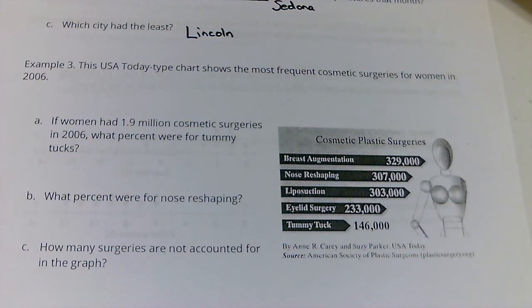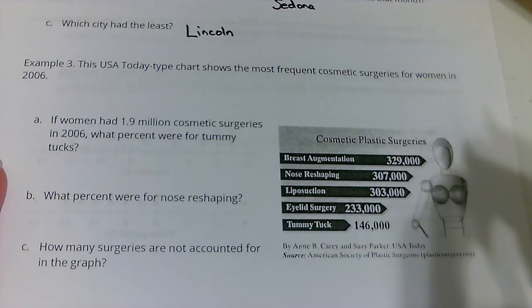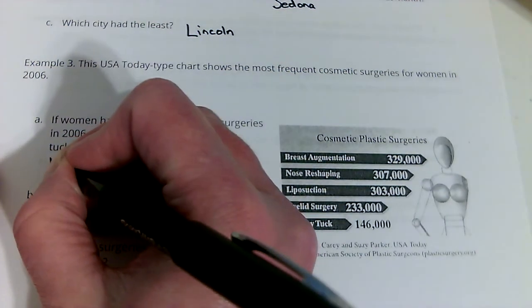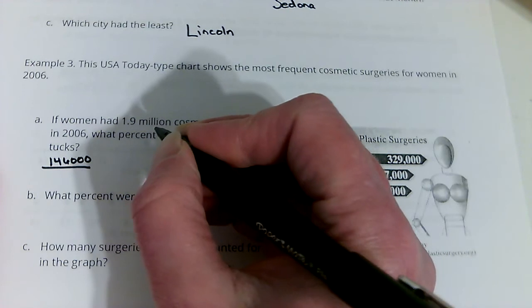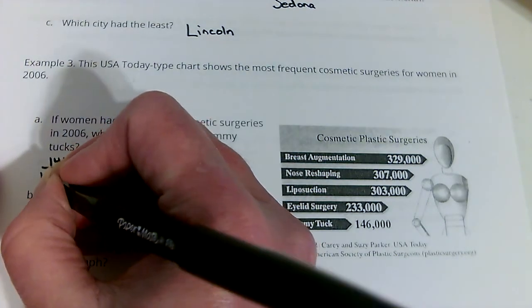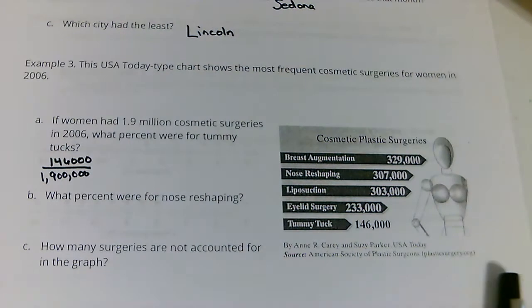So let's look at the number we have for tummy tucks. There was 146,000 tummy tucks. So 146,000 out of 1.9 million. Let's see what that percentage would be.